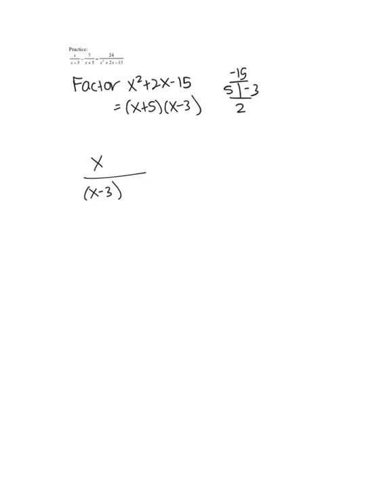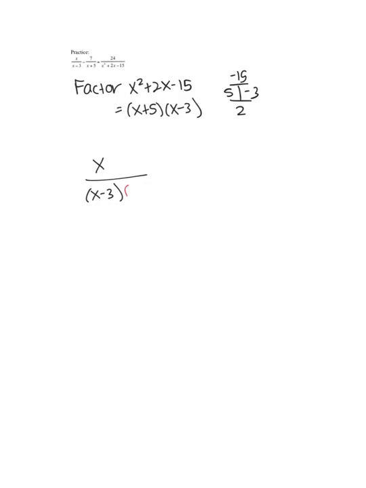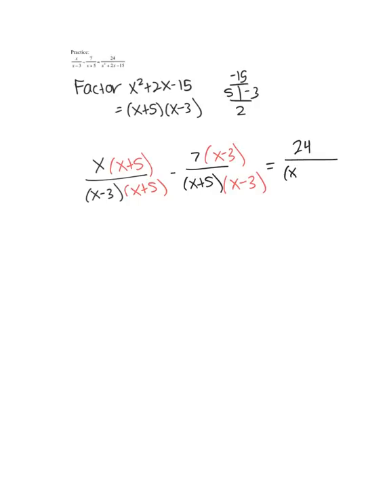On the first fraction, I'm missing the factor of x plus 5, so I'm going to multiply by that on the top and the bottom. On the second fraction, I am missing x minus 3. On the third fraction, you don't have to do anything because it already has the common denominator that you want.